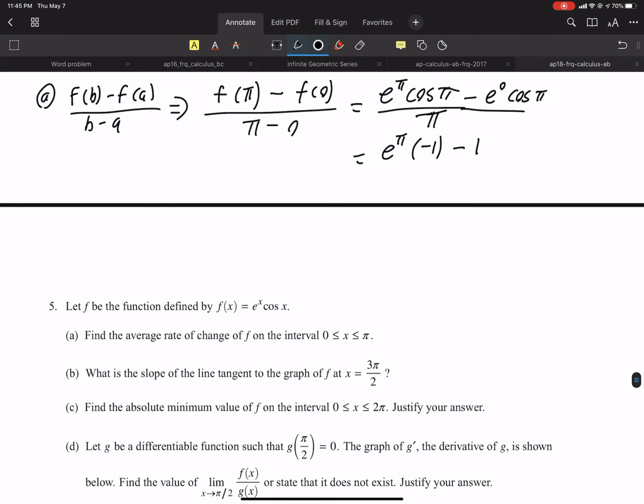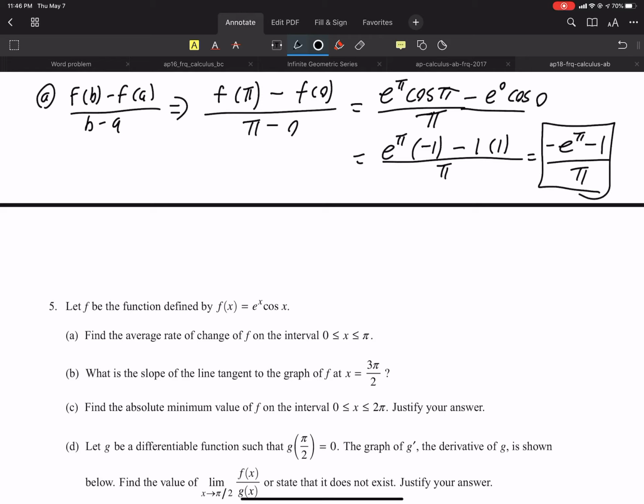Cos of pi, oh, that's a 0, my bad. Cos of 0 would be 1. That's all over pi. So our answer is negative e to the pi minus 1 over pi. That is it, average rate of change.